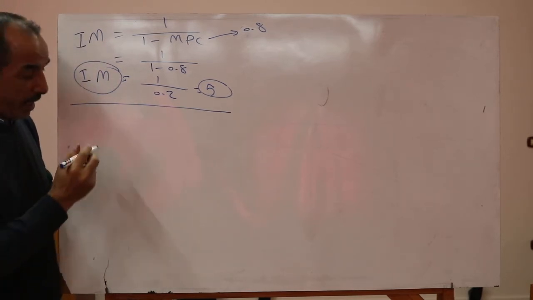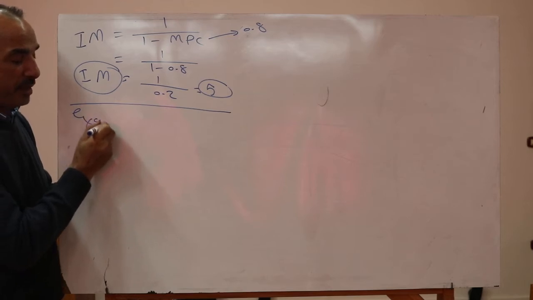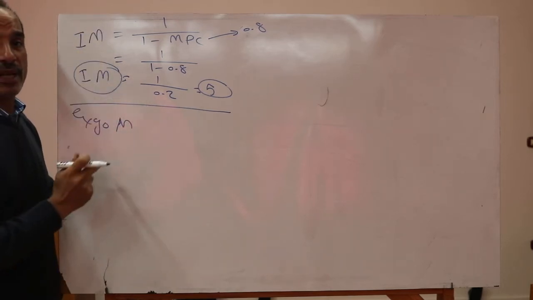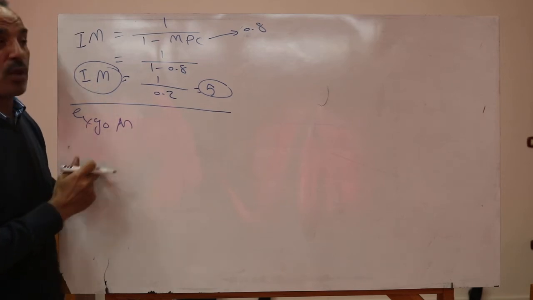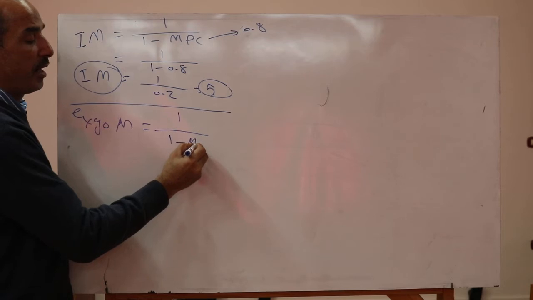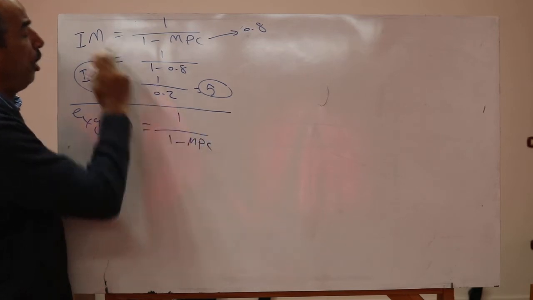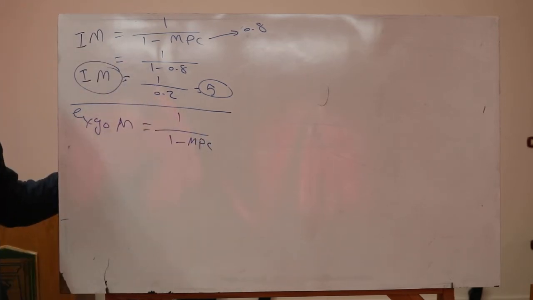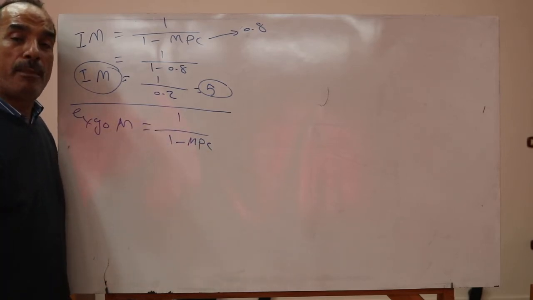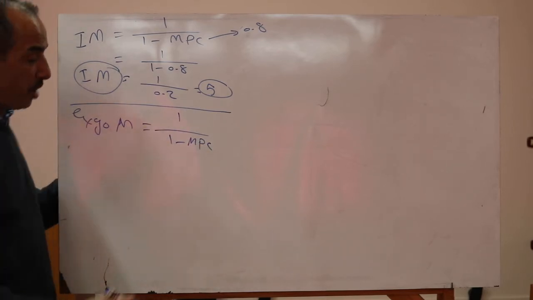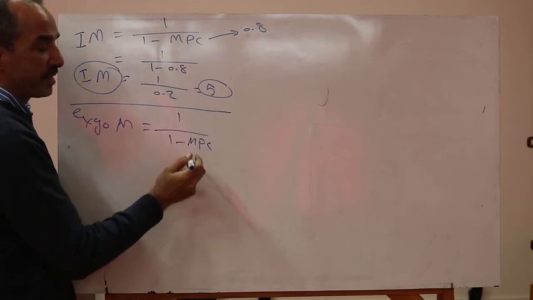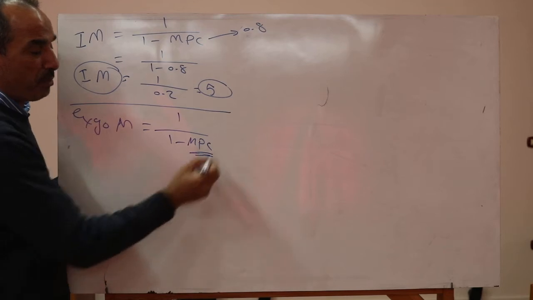The second type is the government expenditure multiplier. It has the same law as the investment multiplier: 1 out of 1 minus MPC, that is, 1 minus the marginal propensity of consumption.